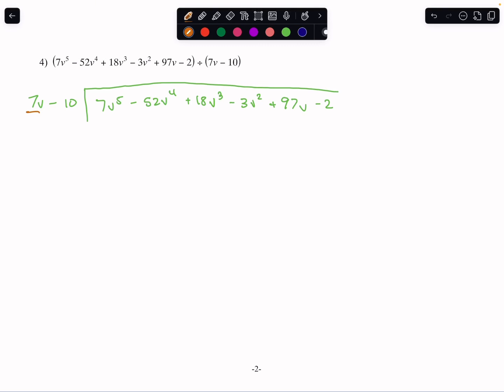Okay? 7v to the 4th up here is 7v to the 5th. I'm going to take that v to the 4th, multiply it times the negative 10. That's going to be negative 10v to the 4th. Again, I just multiply this times both of those. Okay?